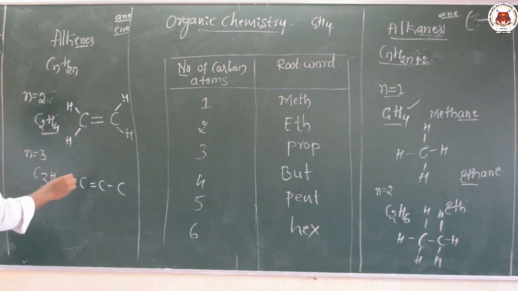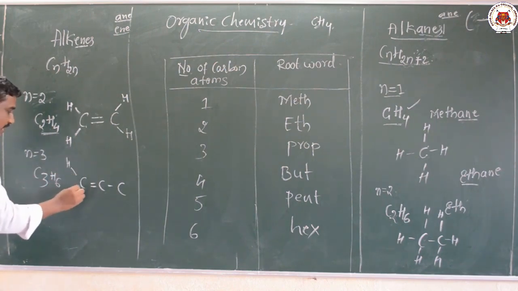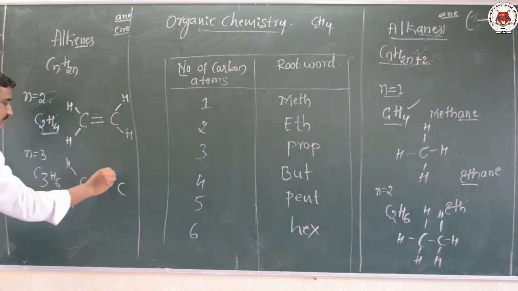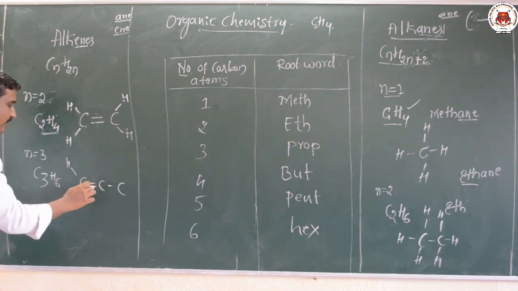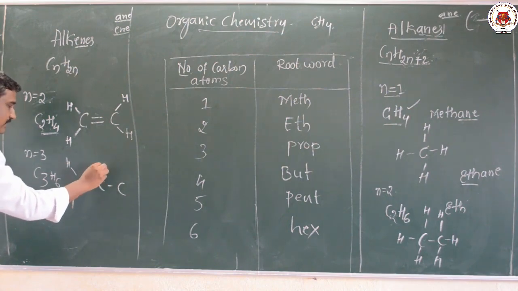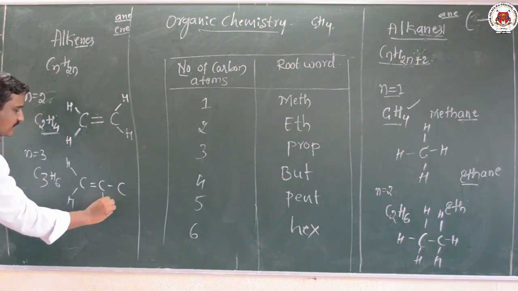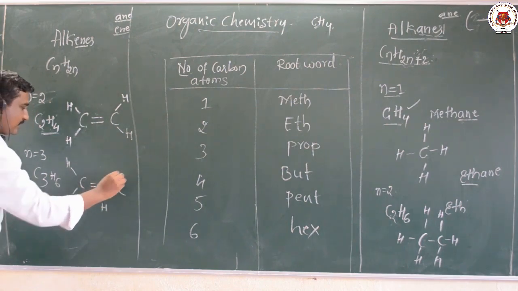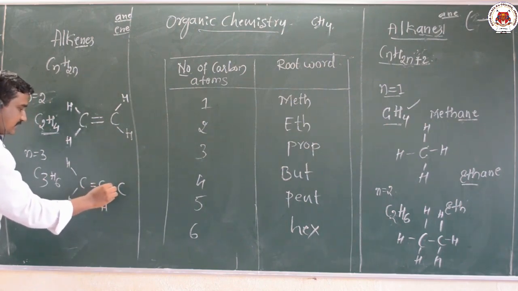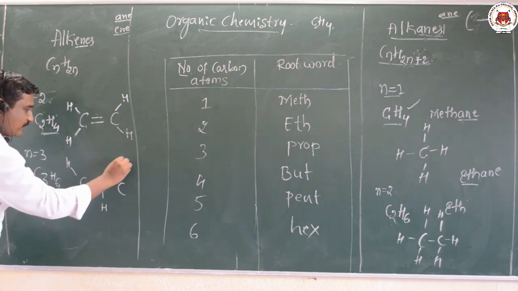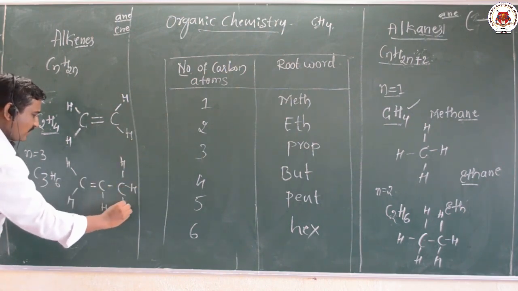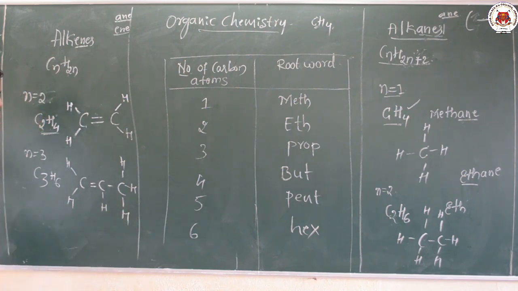So after satisfying the valency of this carbon atom, this carbon has 2 bonds from the double bond, and for this you have to write 2 hydrogen atoms. Again, this carbon atom has 1, 2, 3 bonds, and here you have to write 1 hydrogen atom. Again, this carbon has 1 single bond, so for this you have to write 3 hydrogens.